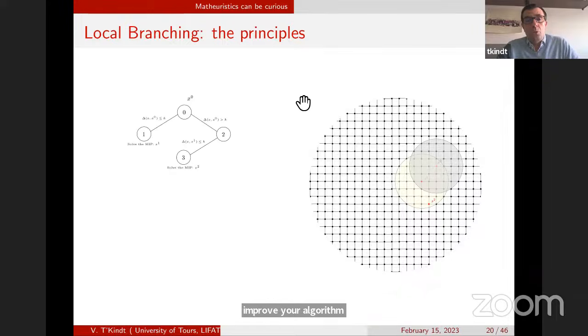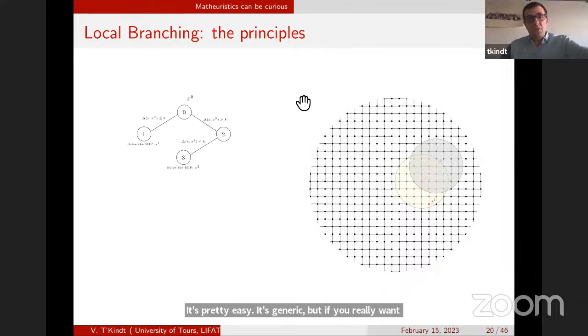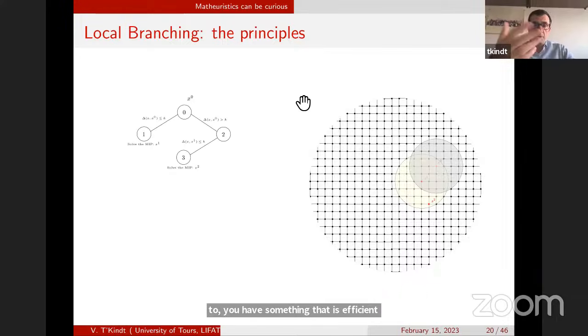So yeah, it could be possible just to add Matheuristics in Cplex, for instance, or in Gurobi or in Xpress. It's pretty easy. It's generic. But if you really want to have something that is efficient or to improve the efficiency of the Matheuristic on your problem, you definitely need to integrate knowledge from the problem.